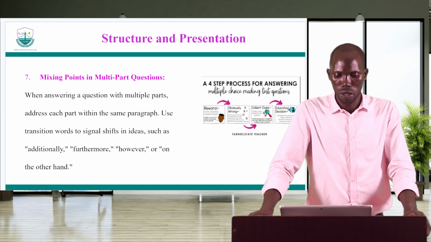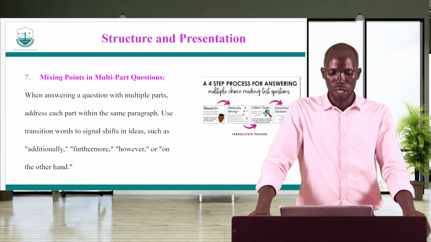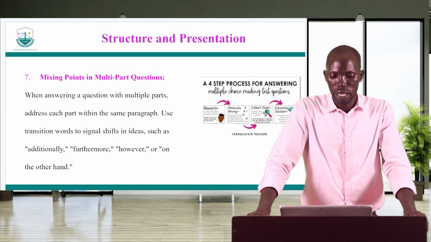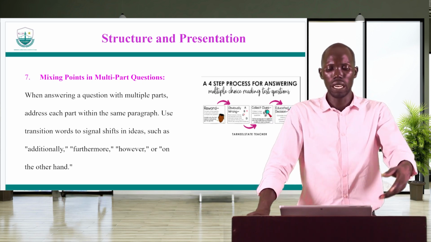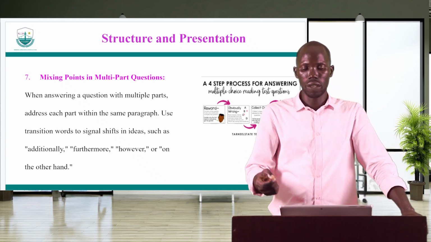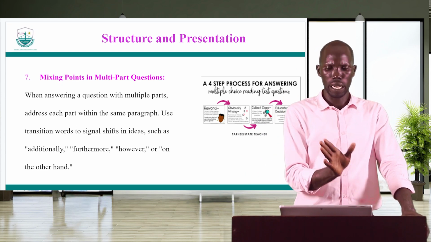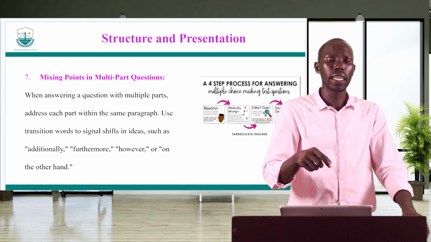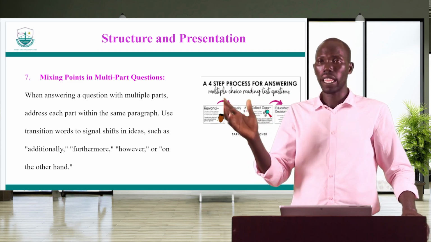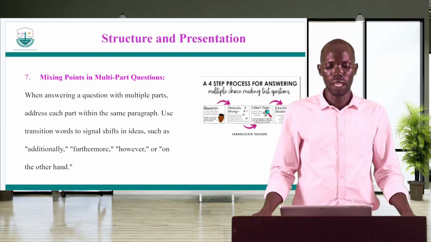When answering a question with multiple parts, address each part within the same paragraph. Use transition markers to signal a shift in ideas, such as additionally, furthermore, however, on the other hand, etc. That tells the examiner that you're done with the part. Additionally means you're adding to the same part; on the other hand means you're done with a single part and now want to move to the other part.